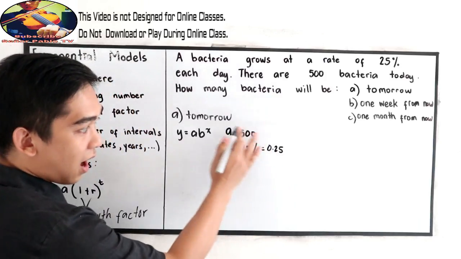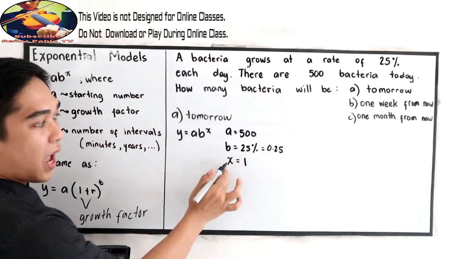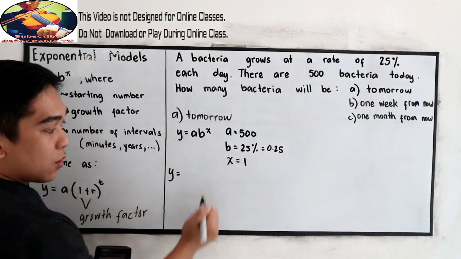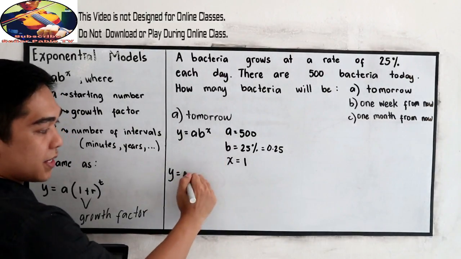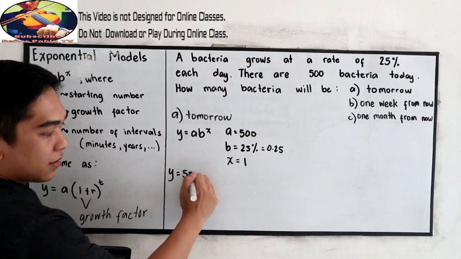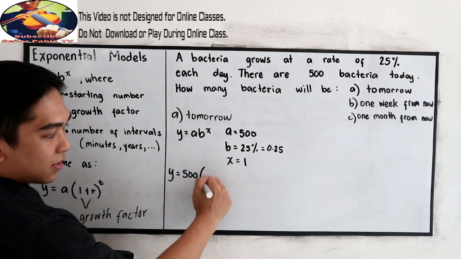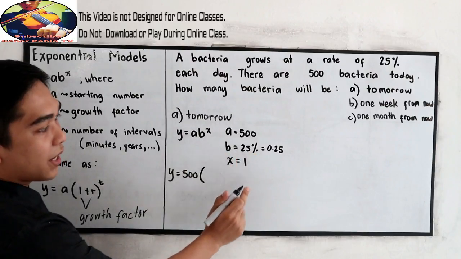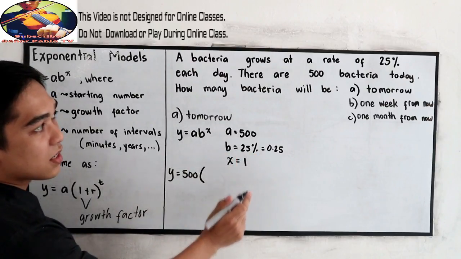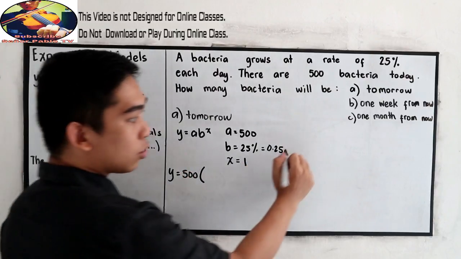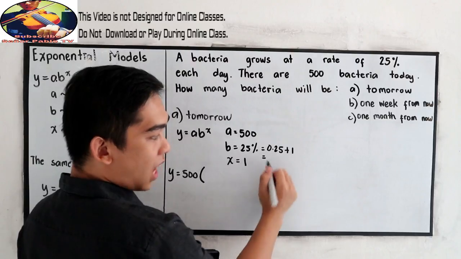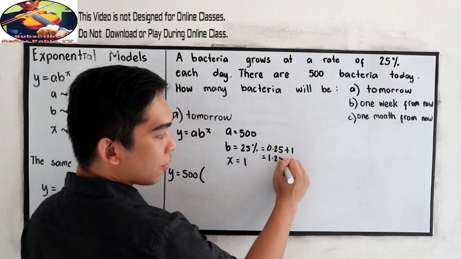After finding our A, B, and X, we need to substitute. Y is equal to A is 500, okay, times B. Our given is just the rate, so we need to add 1 in our B. So our B now is 1.25.